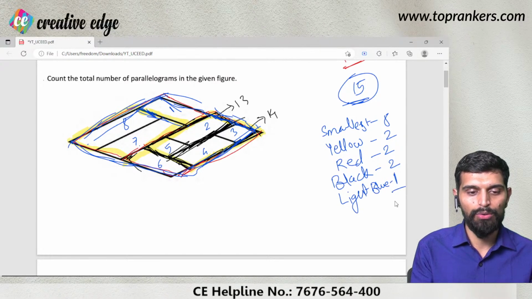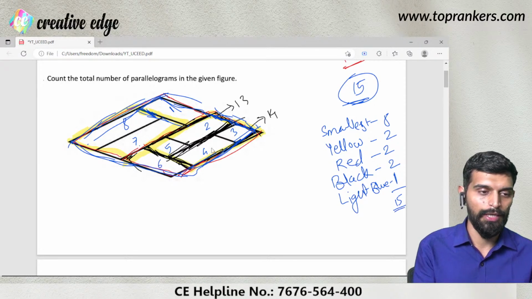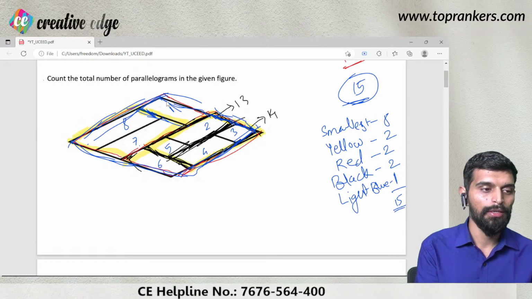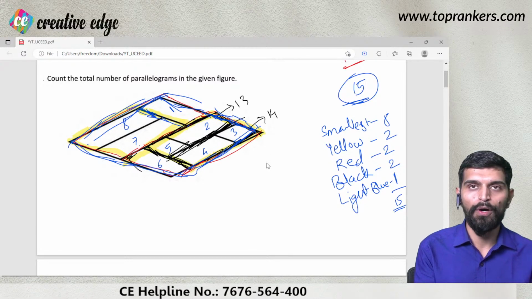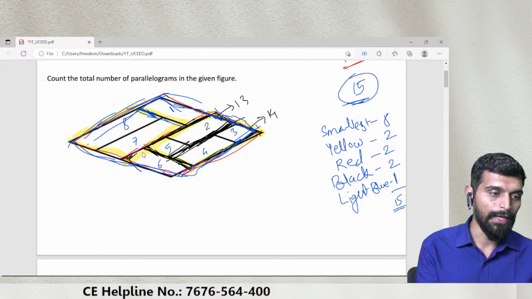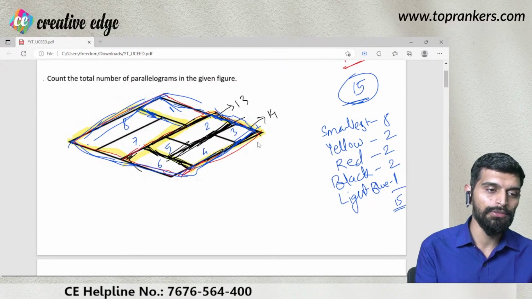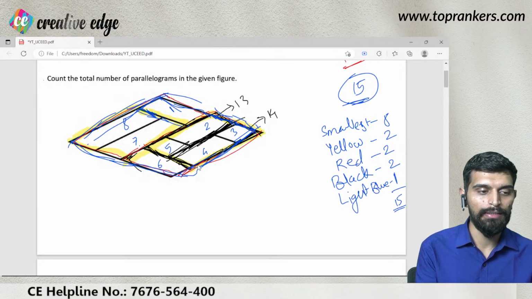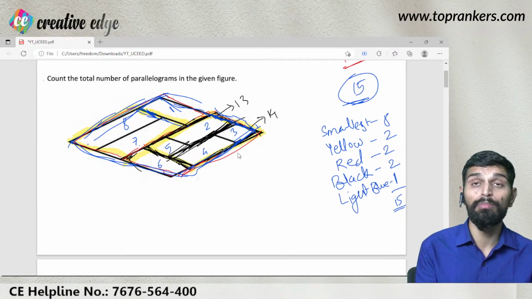So this is how overall there are 15, right? The individual ones I have numbered, then I used two different yellows, then the red ones, then the black ones, and then this light blue one.